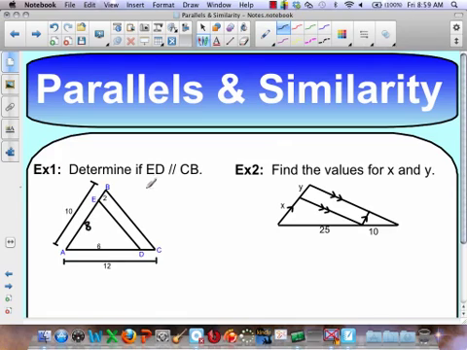So if I take the ratio of 8 to 2, if they were parallel, then that should be the same ratio as 6 to 12. Not to 12, the whole thing is 12. What's this bottom side? 6. Are those ratios the same? No. Since they're not the same, the two lines are not parallel.